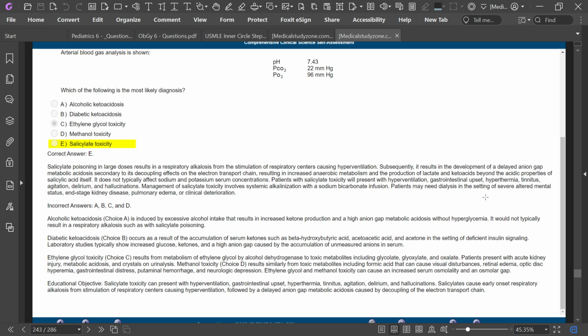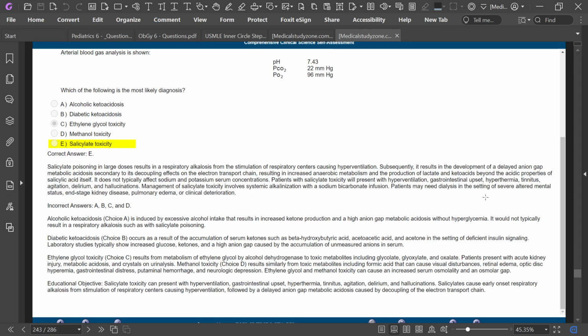Ethylene glycol toxicity results from metabolism of ethylene glycol by alcohol dehydrogenase. Toxic metabolites include glycolate, glyoxylate, oxalate. Patients present with acute kidney injury, metabolic acidosis, crystals on urinalysis.